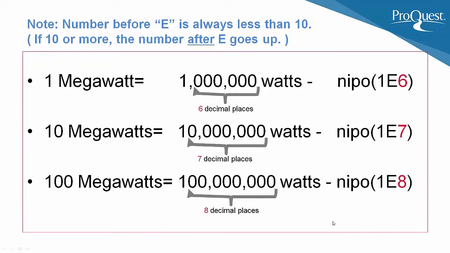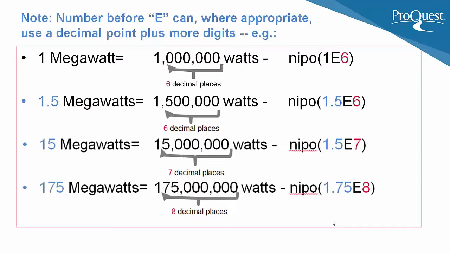Now you may think that that's almost cheating because we're using such a simple number as 1. So let's take it to another level and look at something that is not a whole number. What if you were looking for 1.5 megawatts? Here is where I find it helpful myself to actually write it down, because when you write it down, you can see that you're going to want to put a decimal point here for 1.5.